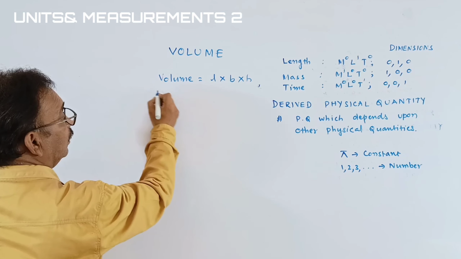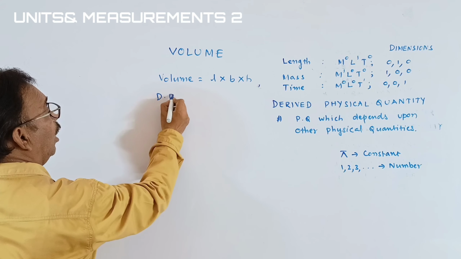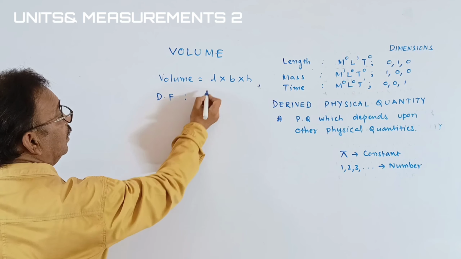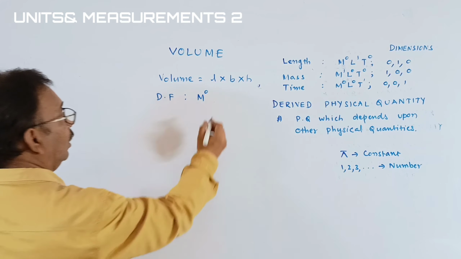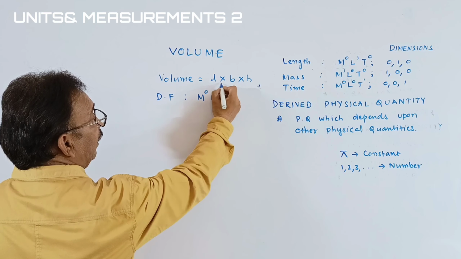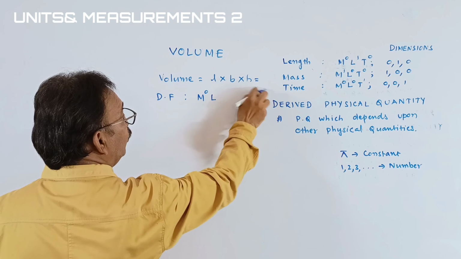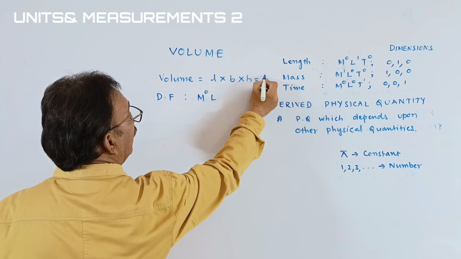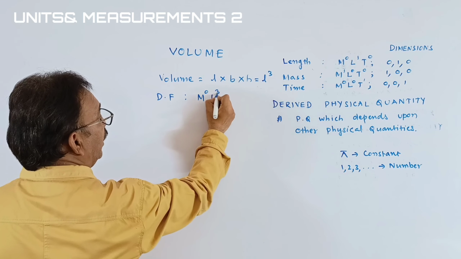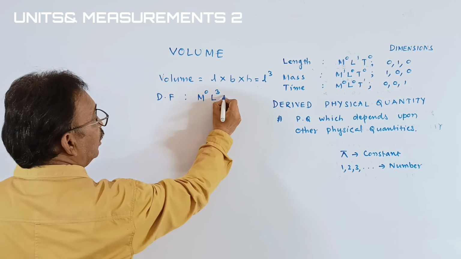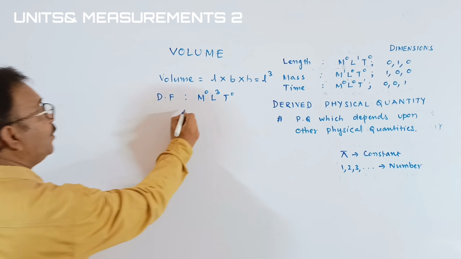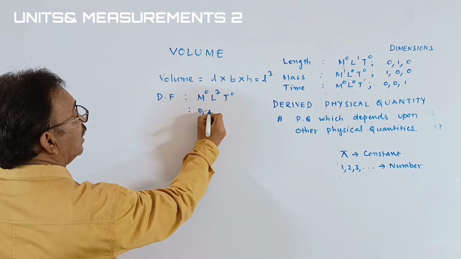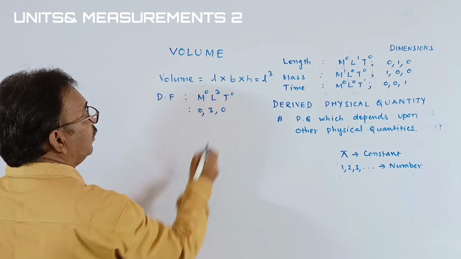Then the dimensional formula of volume can be written as: we have to take M to the power of 0, L, and if L is equal to B is equal to H, you can write it as L cube. I'm writing it as L cube. The time is 0. Okay, students. And what are the dimensions? Dimensions are 0, 3, 0.